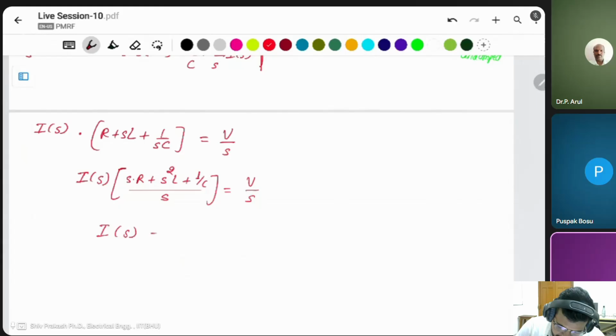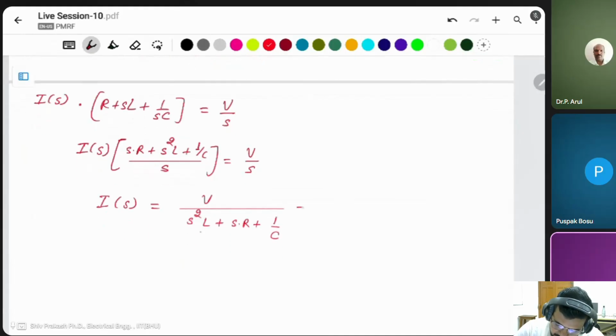Then I(S) is equal to V divided by S square L plus S into R plus 1 by C. You can take L common. Then V by L divided by S square plus R by L into S plus 1 by LC.